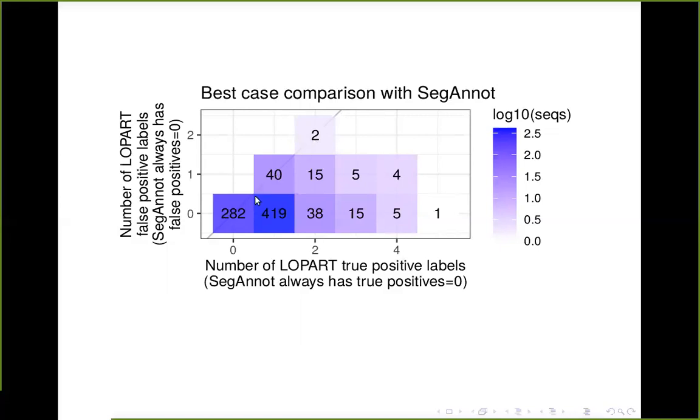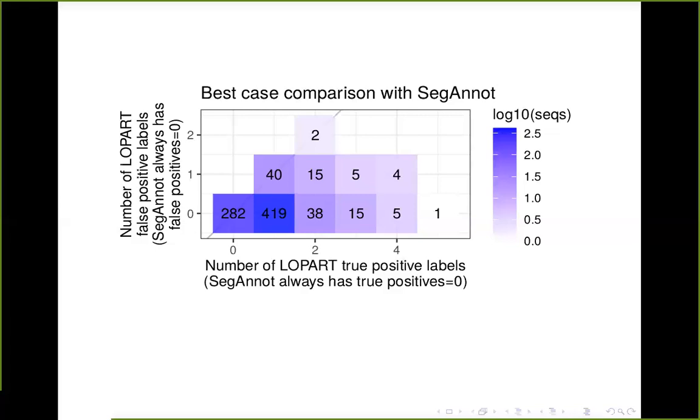Similarly, going along the diagonal, that's when there's 1 and 1, and 2 and 2. But you see that there are all of these on the right side of the diagonal or below the diagonal. These are examples of data sets where LOPART has more true positives than false positives.